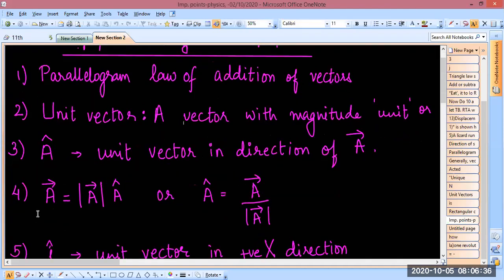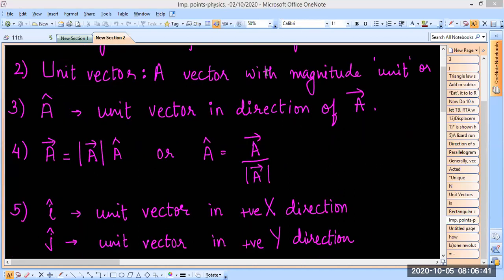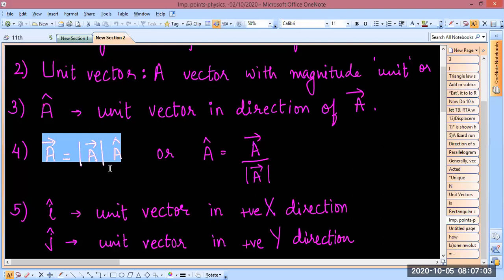And then this number 4 is an important relation of a unit vector: vector A is equal to the magnitude of vector A times the unit vector A, which is in the direction of vector A. So this equation tells you that any vector can be written in two parts: one, its magnitude, and the second, its direction.